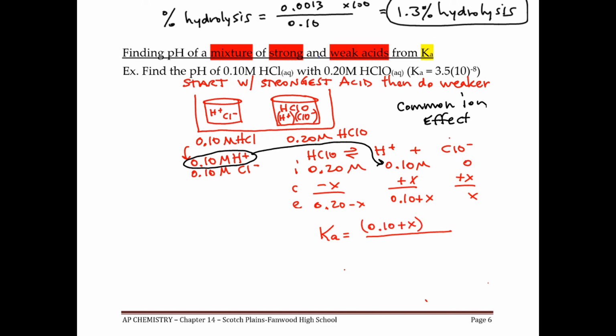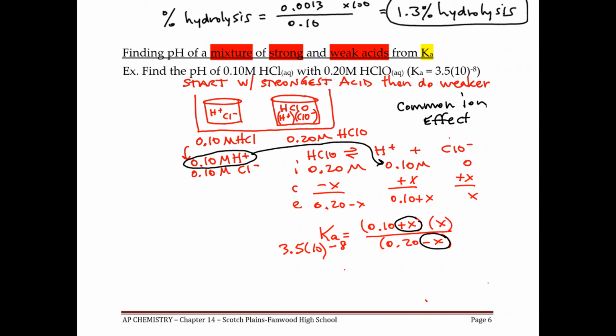So products, 0.1 plus x times x, over 0.2 minus x. The Ka was given as 3.5 times 10 to the minus 8. Now that's nice because it's so small. It allows us to ignore this x and ignore this x, which makes our calculations way easier.